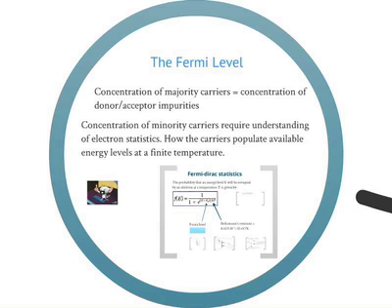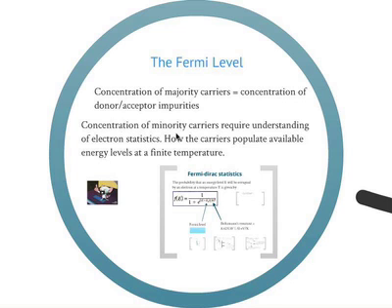Okay? That's a straightforward common sense thing to assume. Okay? As long as one donor atom gives one electron. And the same thing for holes. The concentration of holes in the valence band is equal to the concentration of the acceptor atoms. To generalize this, we can say the concentration of majority carriers, which are electrons in the N-type, or holes in the P-type, are equal to the corresponding donor or acceptor atoms, respectively. Okay, so that's fairly straightforward, common sense. Okay, that's the first thing we can say.